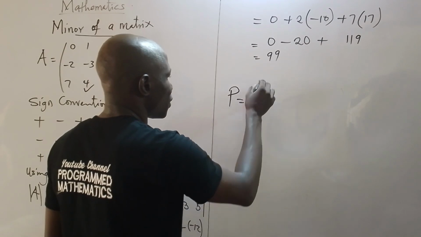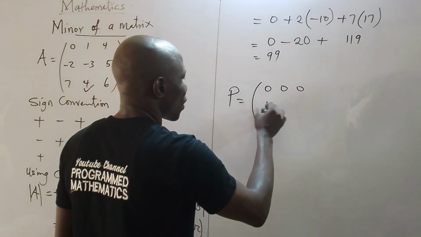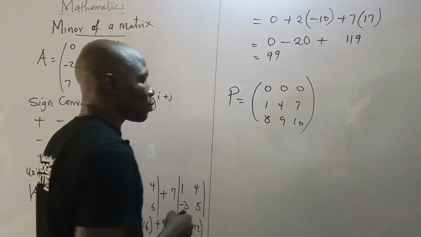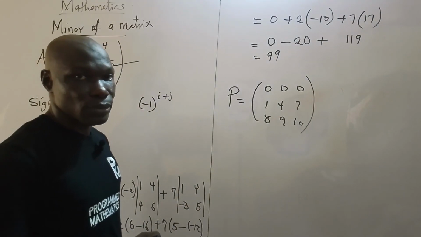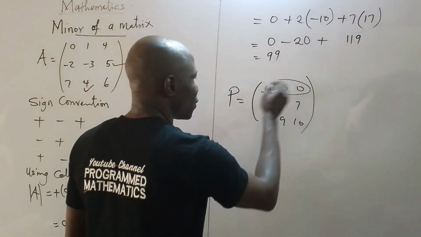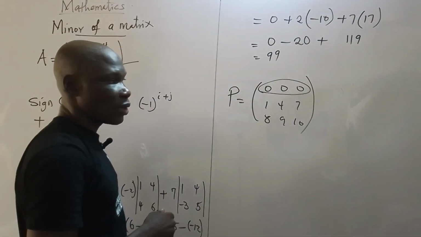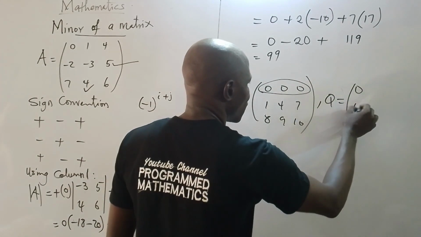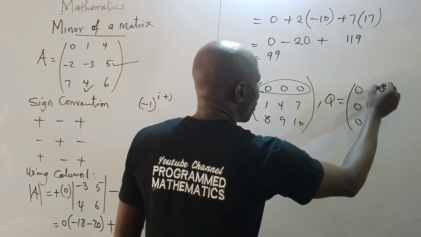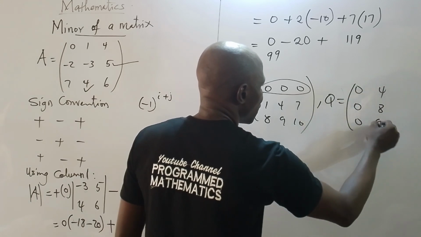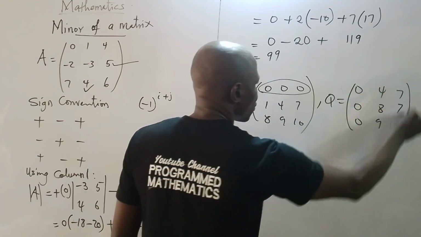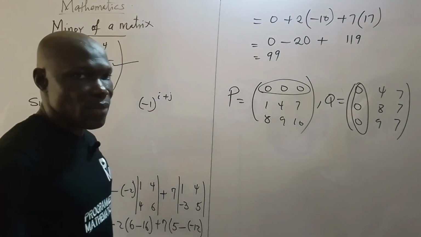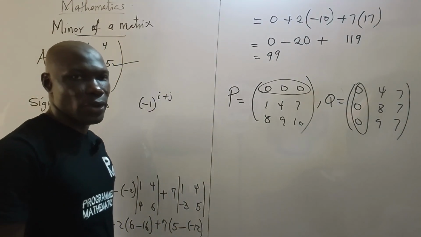If you have matrix P to be 0, 0, 0, 1, 4, 7, 8, 9, 10, the determinant of this matrix is going to be 0 because I have a complete row that is 0 here. If matrix Q has the same thing, 0, 0, 0, let's say 4, 8, 9, 7, 7, 7, as long as a full column here also is 0, the determinant of that matrix is going to be 0.